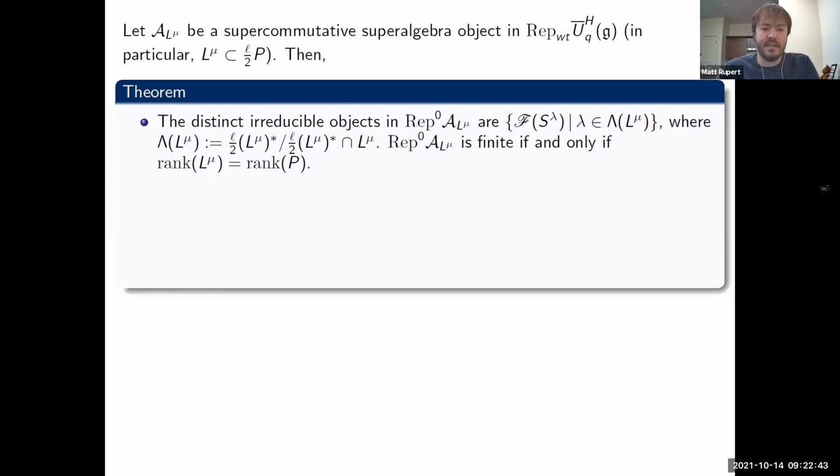And in particular, this category is finite if and only if the lattice we associated to the algebra object has rank coinciding with that of P. And this lattice is a sublattice of some rescaling of P. So this is really saying the category is finite if and only if the associated lattice has maximal rank.